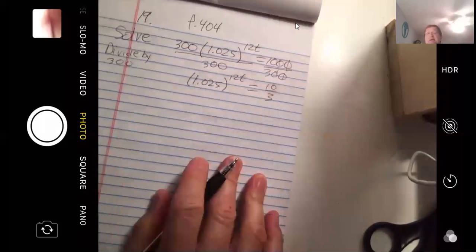I'm going to reduce it to 10/3, but you can leave it 1,000 over 300. Now, this kind of illustrates you don't really want to mess with a log base 1.025, but you could on both sides. I just use ln of 1.025 raised to the 12t, ln of 10/3.